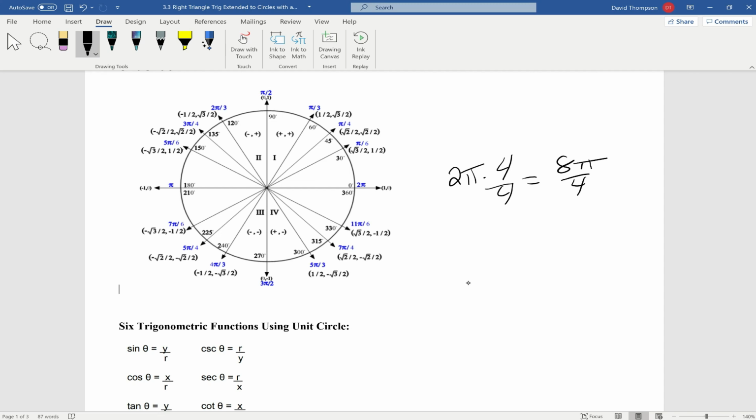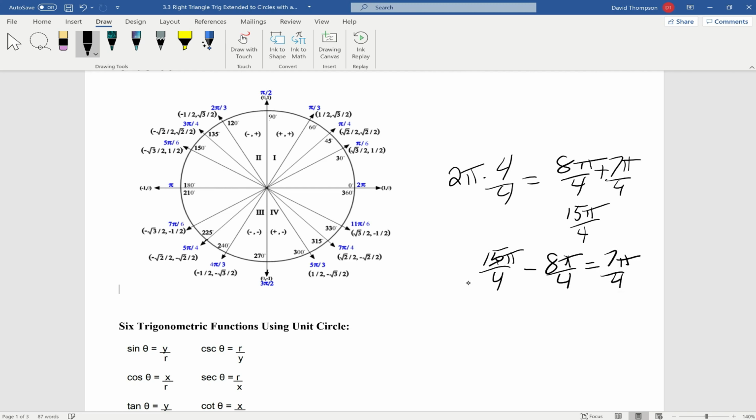So 8 pi over 4, 9 pi over 4, 10, 11, 12, 13, 14, 15. So 8 pi plus 7 pi over 4 is the same thing as 15 pi over 4. Another way we could have found that is 15 pi over 4 minus 8 pi over 4, and that would have given me 7 pi over 4.